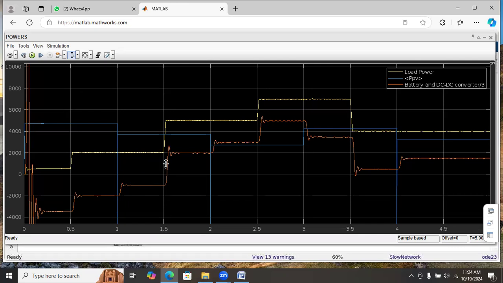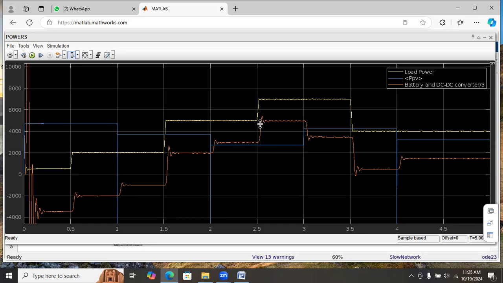After 1.5 seconds, the load power is increased above that of power generation. That means the battery should discharge. So here after 1.5 seconds, the battery is discharging. And after 2 seconds, the power generation is further reduced. And here the battery is providing more power.